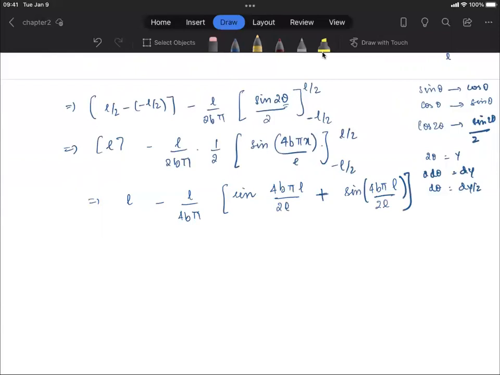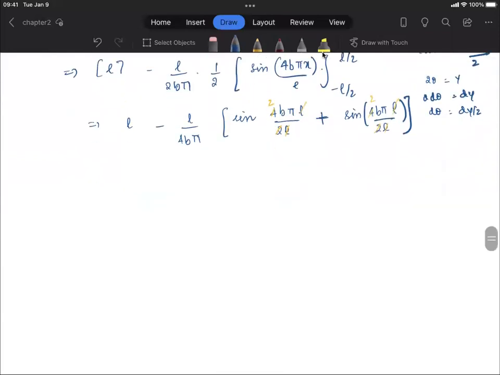Now I can cancel out. Now here b is an integer.